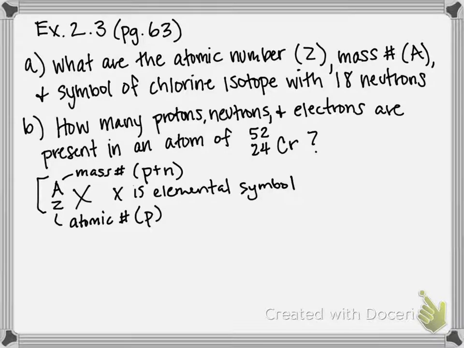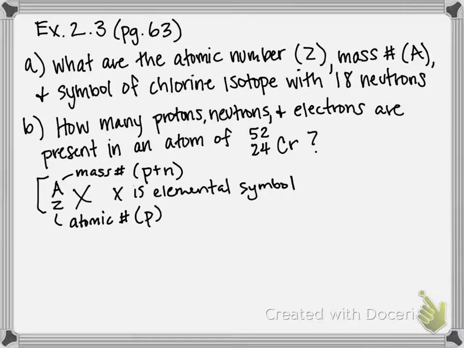We're going to do that in this problem, and we're also going to generate our own isotopic symbol. Part A states: what are the atomic number, mass number, and symbol of the chlorine isotope with 18 neutrons?